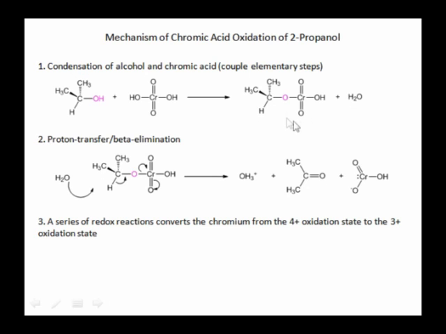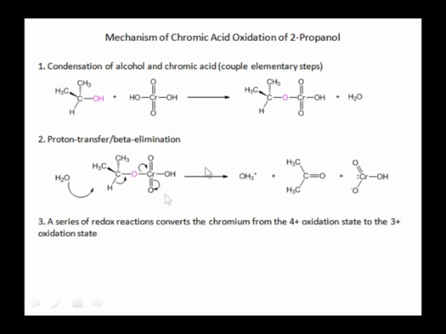And that chromate ester, again, this chromium is very highly oxidized, very highly positively charged, is pulling on electrons very strongly, and would like to get more electrons and become reduced. Remember from general chemistry, oxidizing agents oxidize other molecules and in the process are reduced.